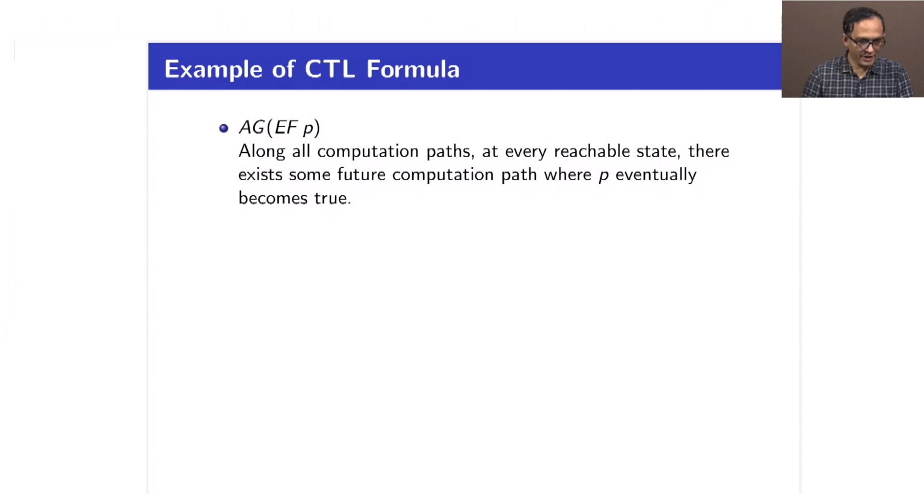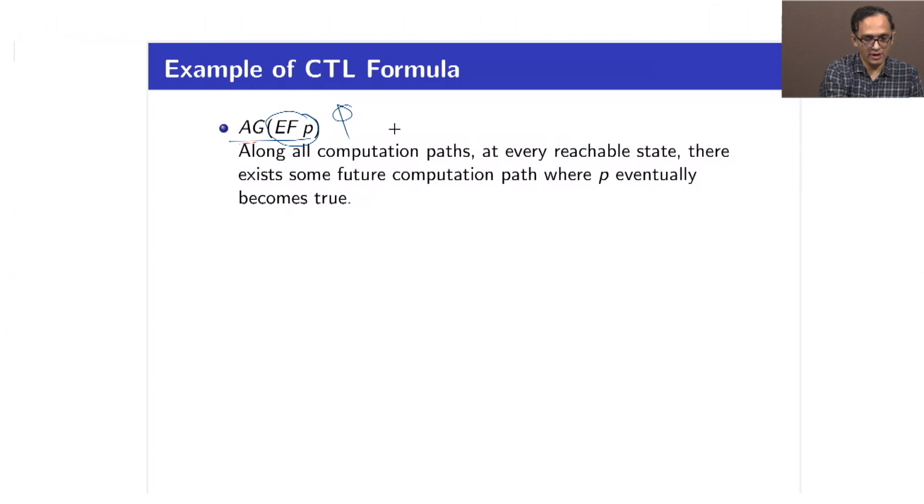So, what I am writing here is AG EF P. Okay. You see this is a correct property, because this is my formula, right, this is my phi, right. So, if this formula phi is a correct CTL formula, then I can say AG phi is also a correct CTL formula. So, this is a correct CTL formula, right. Now here let us see what is happening.